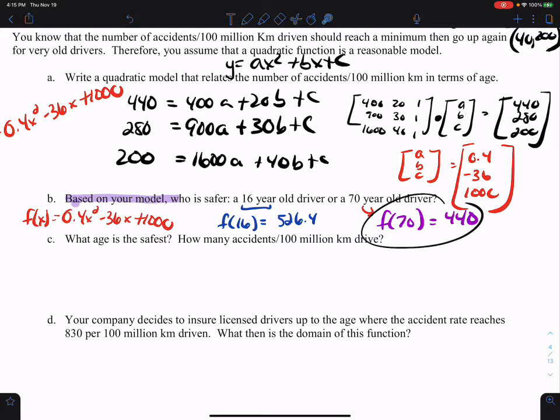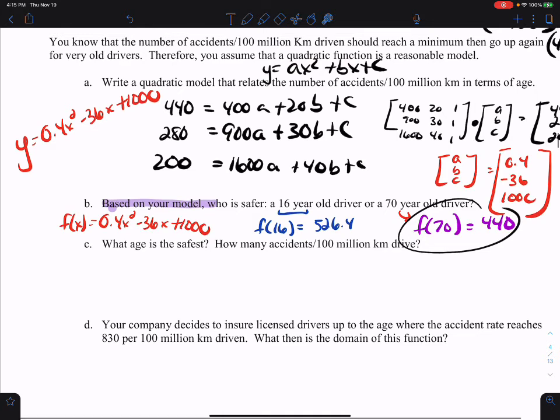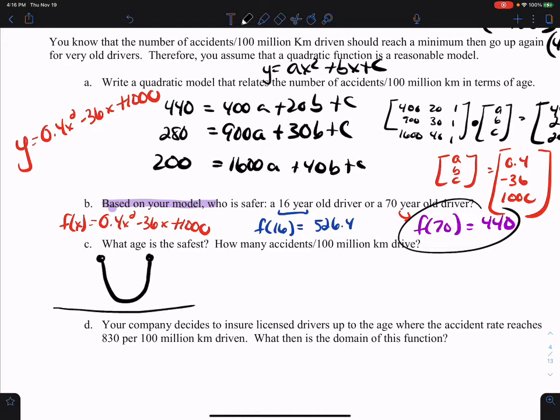Now the next question is, what age is the absolute safest? Well, if we think about working with our quadratics, we know what this quadratic function looks like, right? Just by looking at a, we can see it's a positive number. So our function is going to look something like this. And we know that this axis is age, and this other one is accidents.